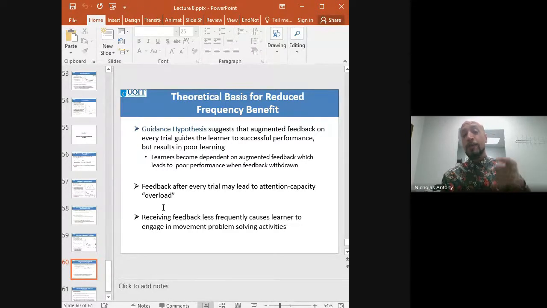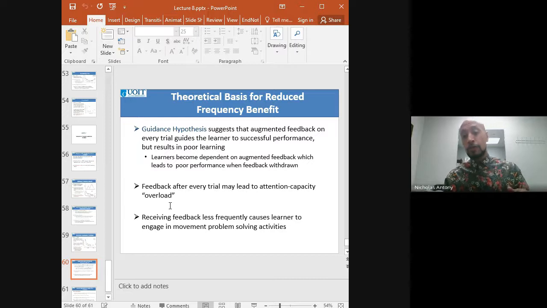This is about the frequency of getting feedback. So by getting more feedback, it leads to worse learning. Does that make sense, Jacob? So this isn't talking about the number of times you practice. This is talking about when you're practicing, if you're getting feedback every trial.